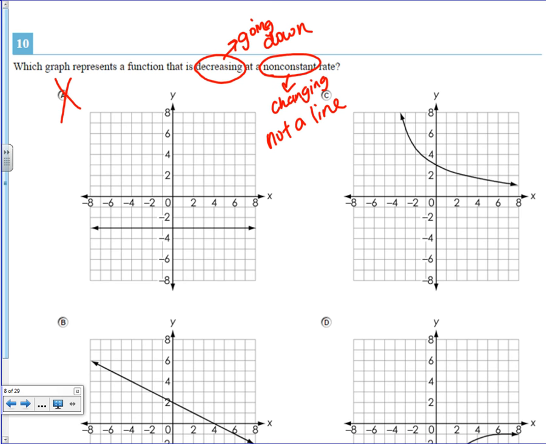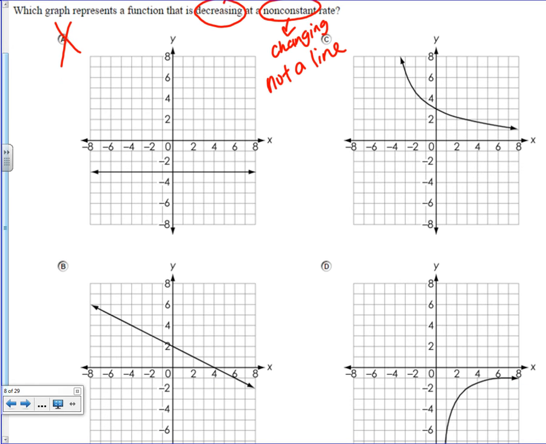B is going down. C is going down. D is going up. You see here, remember we're reading these from left to right. So my choices right now are C and B. Remember, non-constant means not a line. So the one that's not a line would be choice C. And that would be my answer.